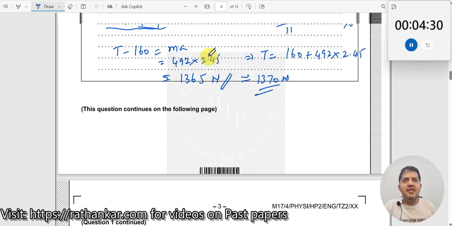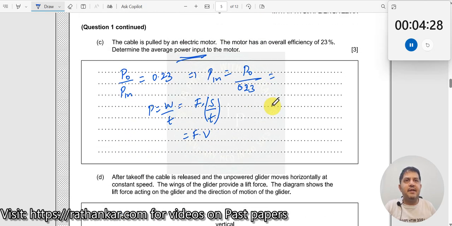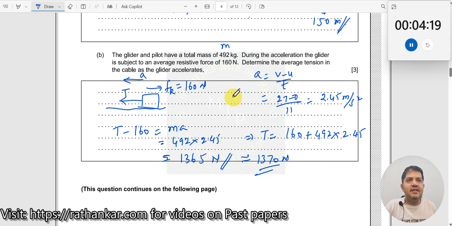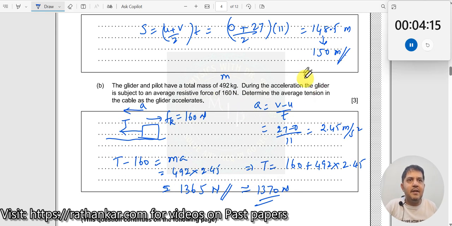What is the tension here? We already calculated 1365, multiplied by velocity. What is the velocity? Velocity is 150 divided by t.